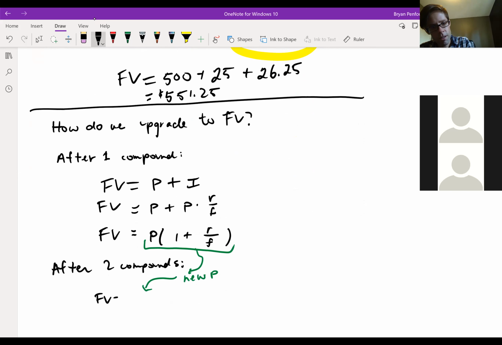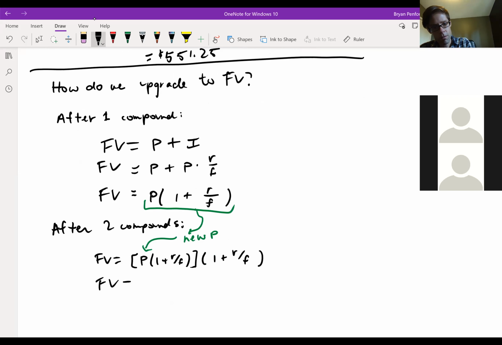And we can argue that our future value should be this number, whatever it is. And then we're going to apply one more round of interest to it. So we think about our future value after the first compound as the new principal amount in the second step.